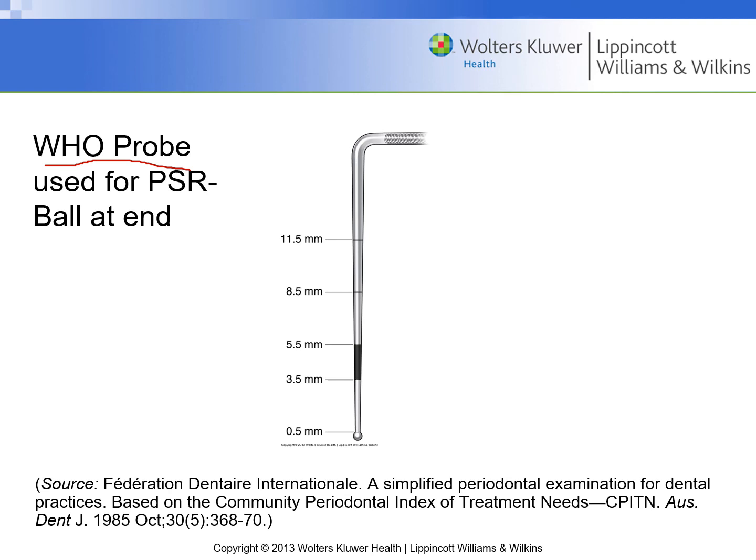So it's a quicker way to do screenings of plaque control. The difference of this WHO probe, and how you can tell what it is, is this ball at the end. This is to help so that it's not so pokey, and sounds like a really great idea, but they're actually a little bigger than what it looks like.